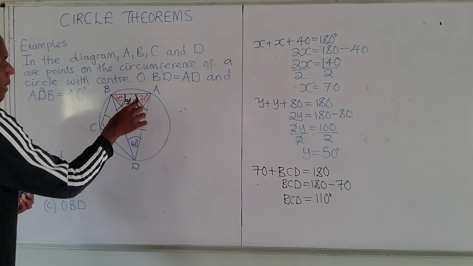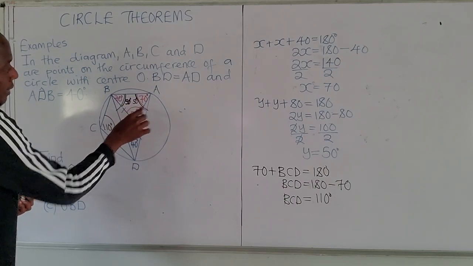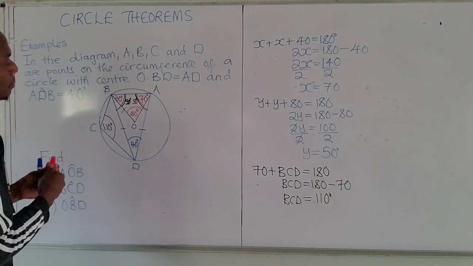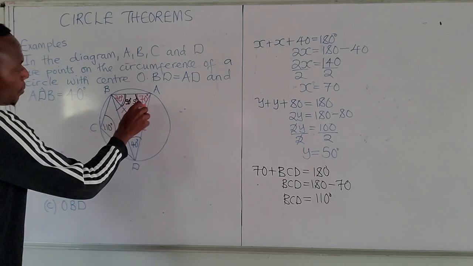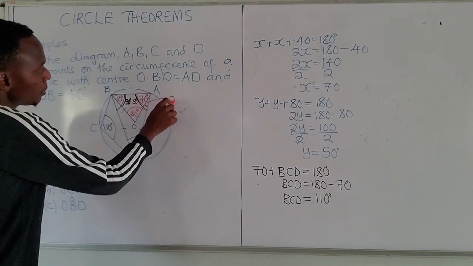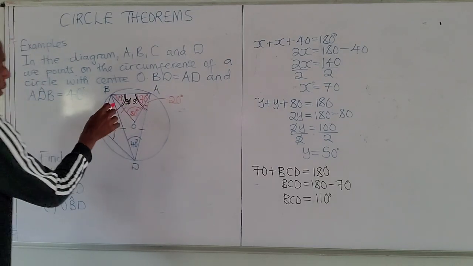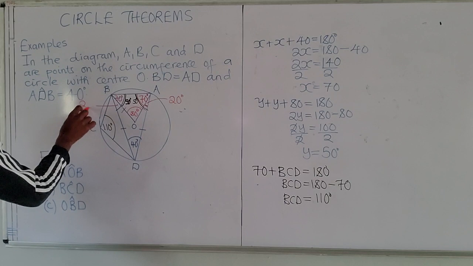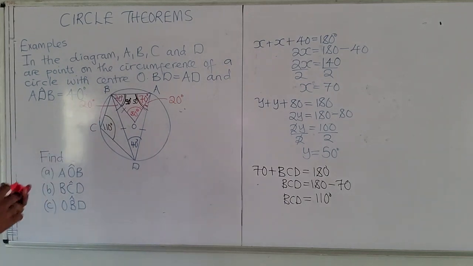And then we know that this whole angle up to here is 70. So what does it imply? When we subtract 50 from 70, we remain with this angle here, which will be 20 degrees. Even this side, the angle which is remaining here will be 20 degrees.